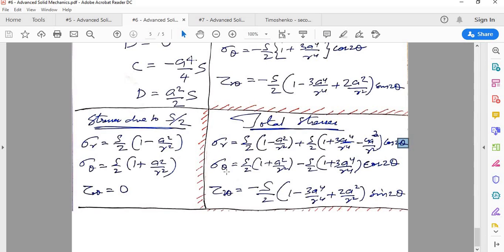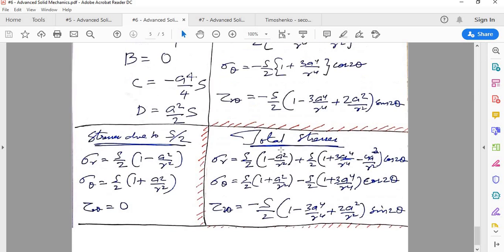Or I can give you the ratio of sigma theta and tau r theta, or the ratio of any two stresses. I can give you theta, and I can ask you to evaluate a by r, which is the location that we are trying to evaluate. So those things can be asked.